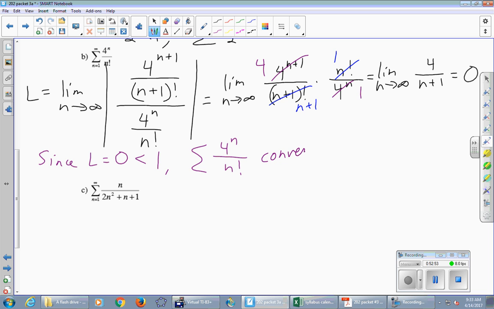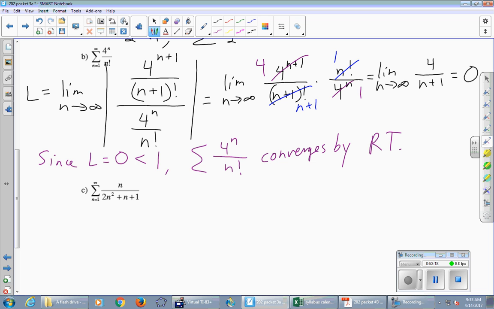Converges by RT. Good luck. I'd love to know what it converges to. Yeah, we just found the limit. Hardly ever will we be able to say what the series converges to.